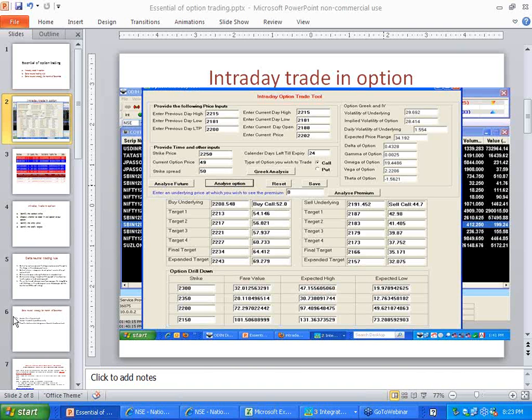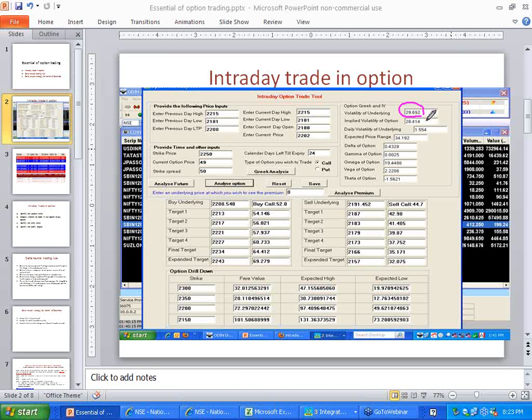15-minute data you can take from the NSE, or from your trading terminal, whichever is feasible for you. Here implied volatility is 28%, underlying asset volatility is 29%, so it is in the 30% band.